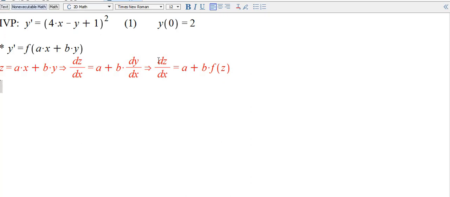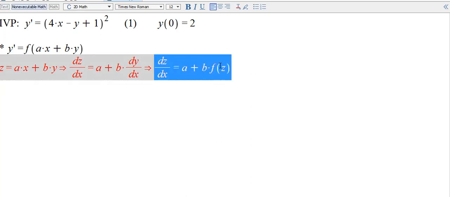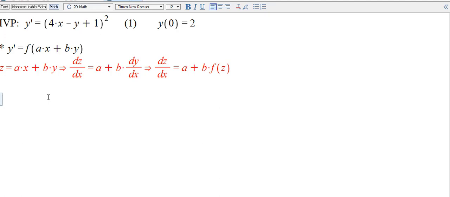And then you see the resulting equation is separable. So that's the core idea of the substitution method.